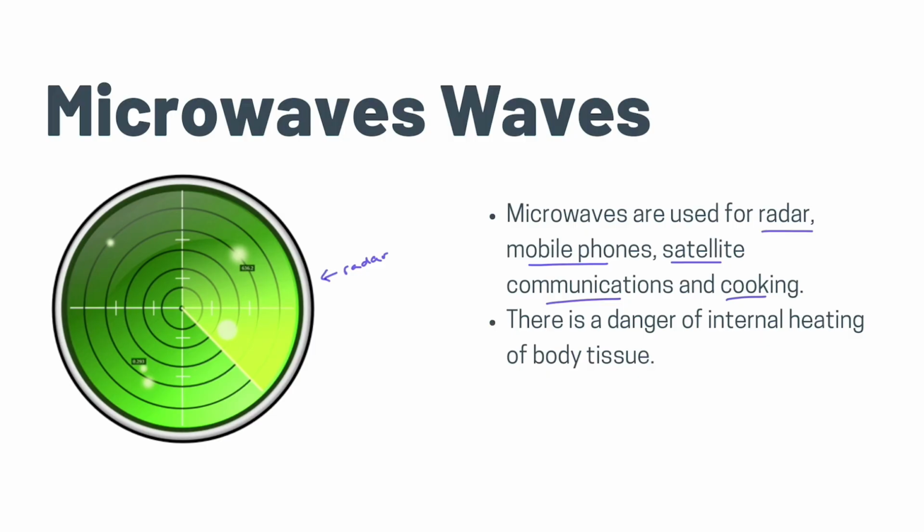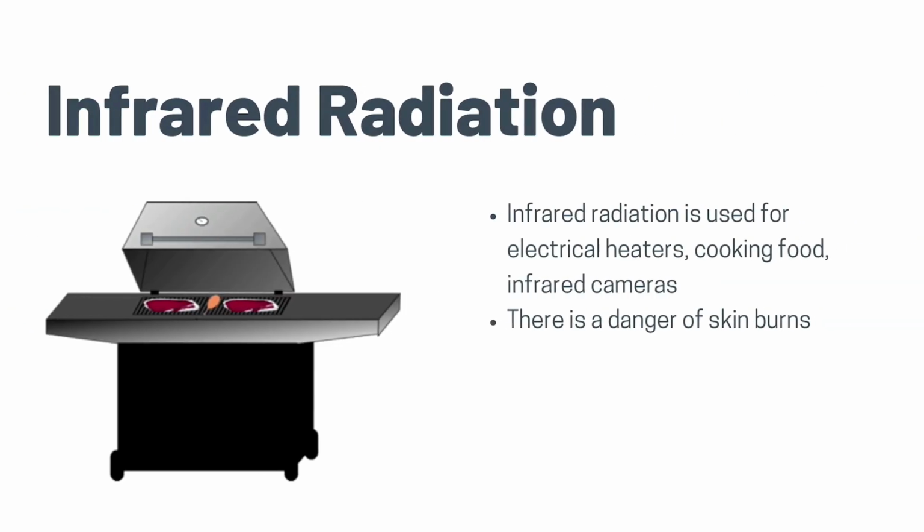There's a small danger of microwaves in that our body tissue contains water molecules, and water molecules can absorb microwaves and become hot. So if you shoved your hand in a microwave, there is a danger there that you would get very hot. So please don't shove your hand or any other part of your body into a microwave.